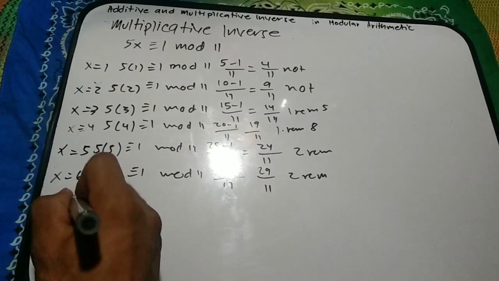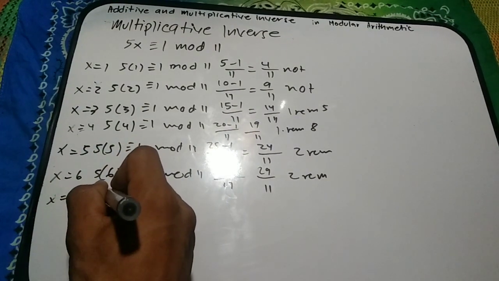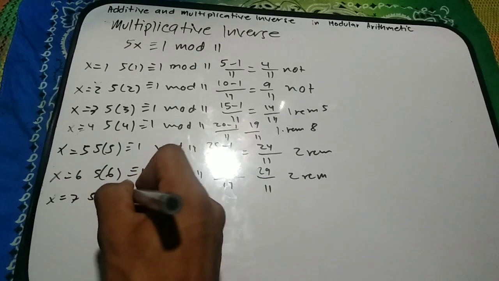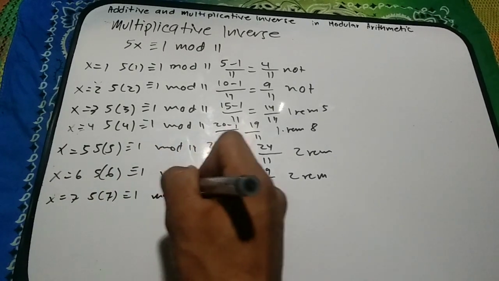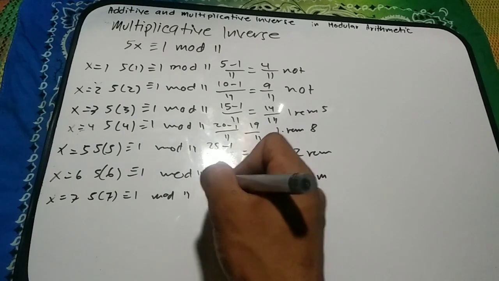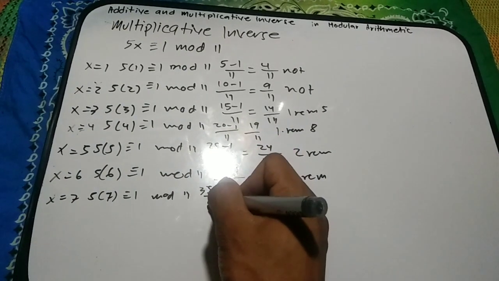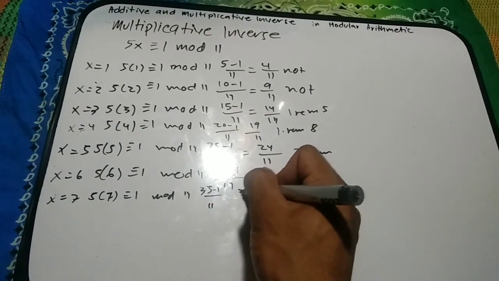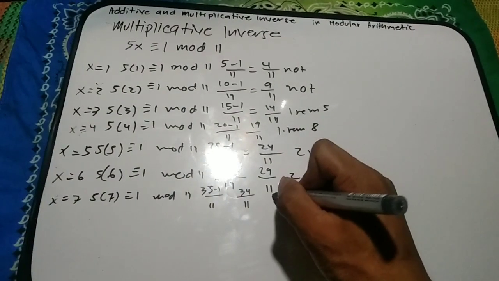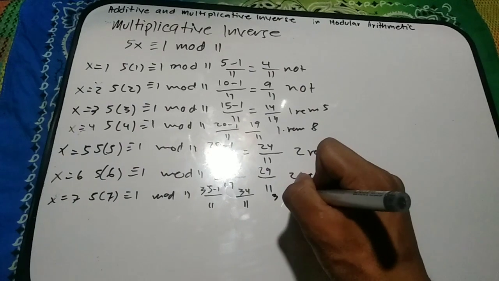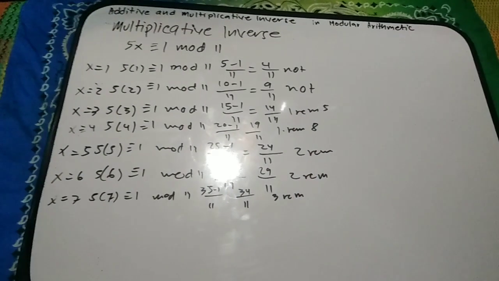If x is equal to 7, 5 times 7 is 35, minus 1 over 11 is 34 over 11. The remainder is 1, not a solution.